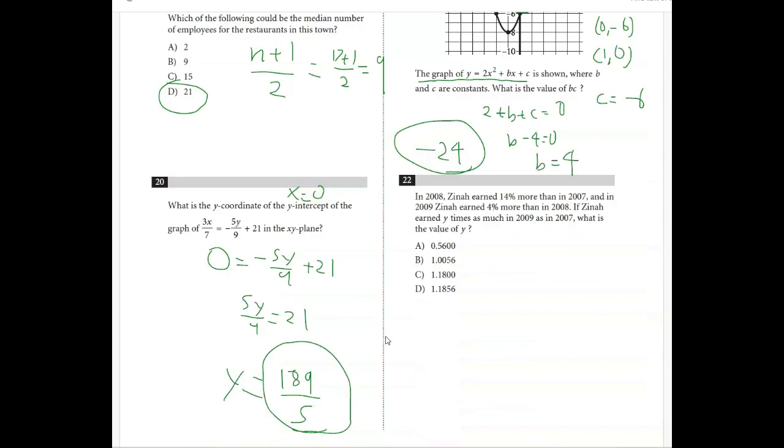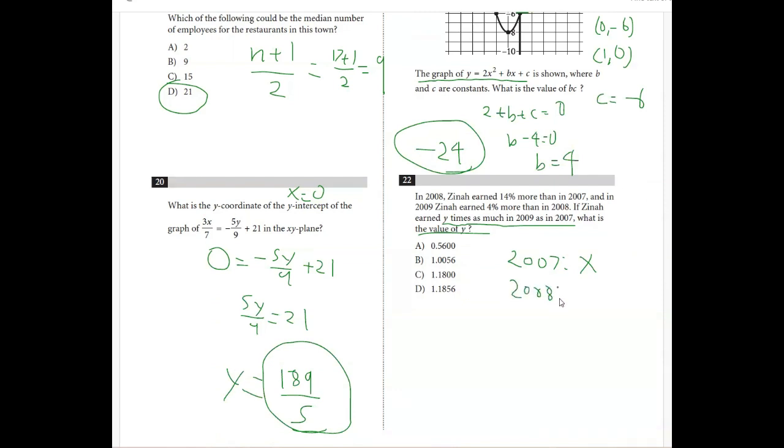Okay, question 22. In 2008, Xena earned 14% more than in 2007, and in 2009, Xena earned 4% more than in 2008. If Xena earned y times as much in 2009 as in 2007, what is the value of y? Okay, let's assume that Xena earned x in 2007.